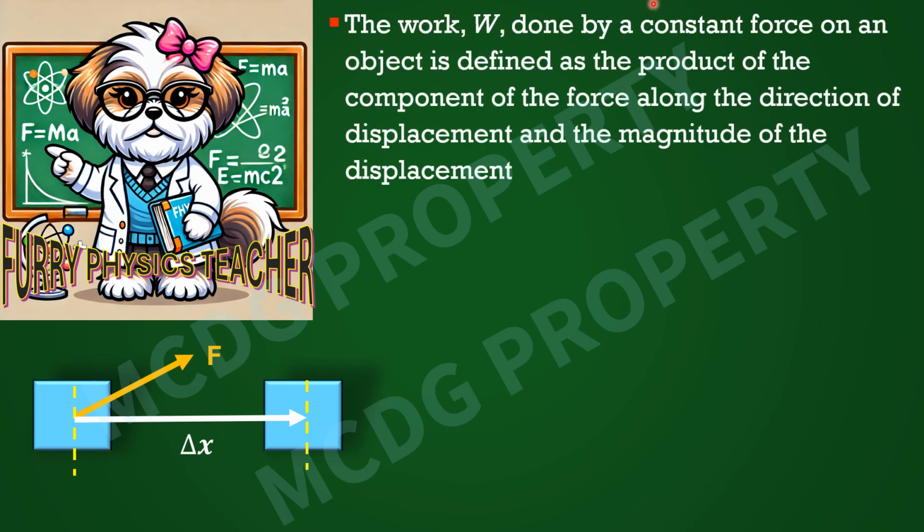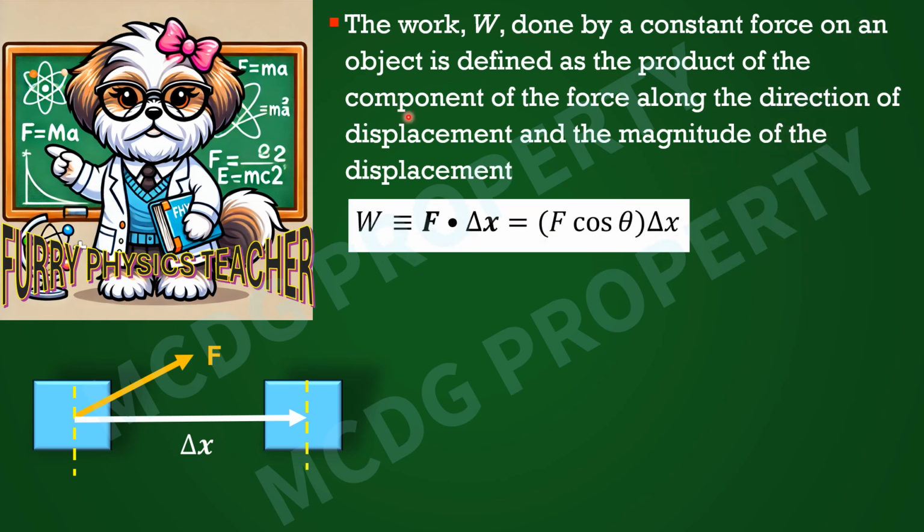The work done by a constant force on an object is defined as the dot product of force and displacement, which is the product of the component of the force along the direction of the displacement given by this equation here, or this F cosine theta, and the magnitude of the displacement delta x.